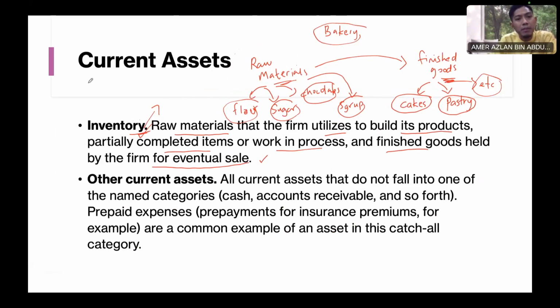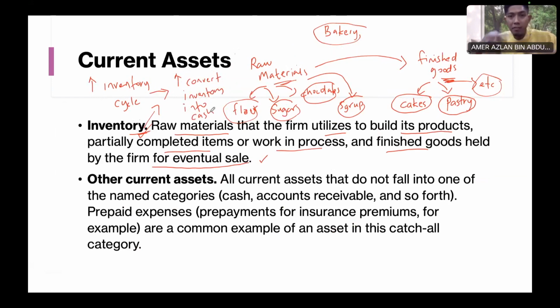So if you have a high or fast inventory cycle, that means you are able to quickly convert the inventory into cash.